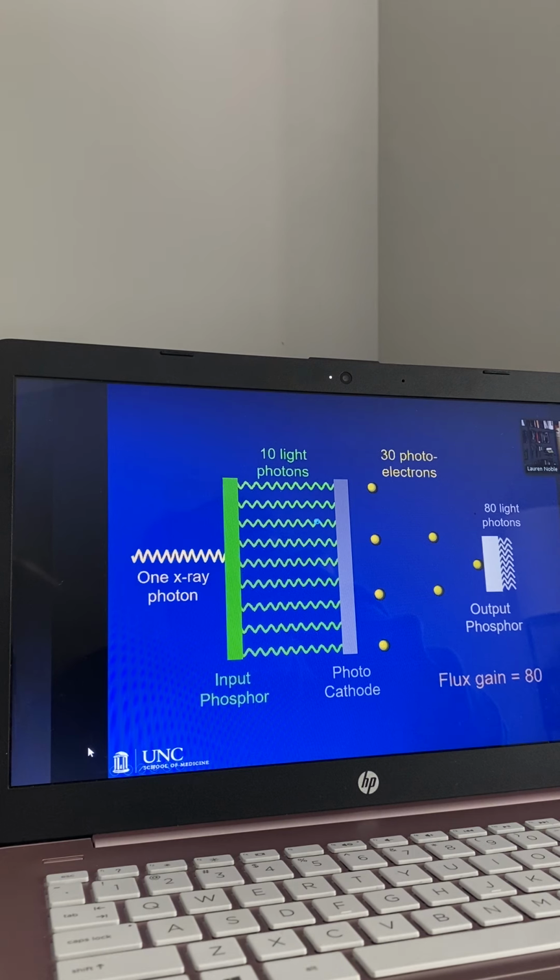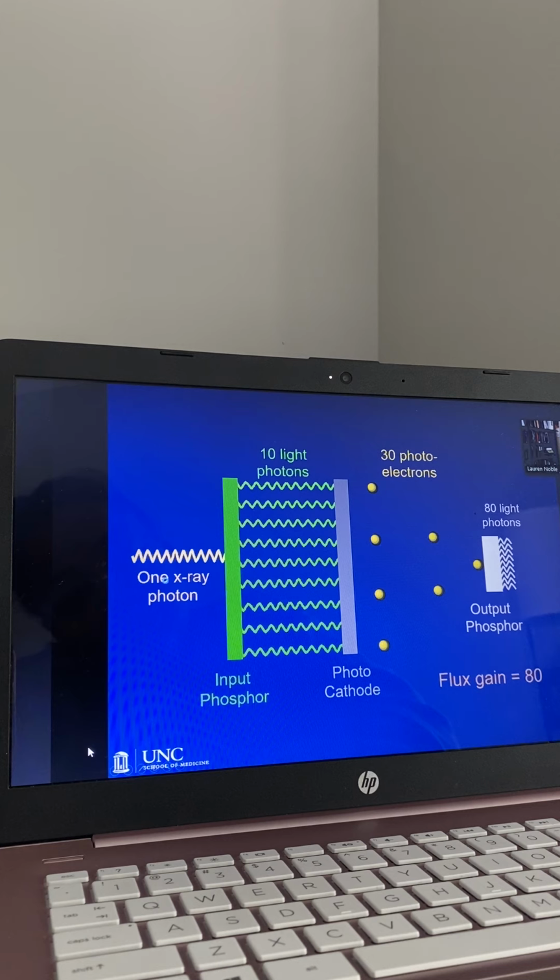So let's look at these principles. Let's look at brightness gain and look at flux gain and minification gain. So you have an idea as to the impact that this intensifier has. So in this simplified example, and here I didn't draw in the housing, the glass envelope here, okay, just to save some space.